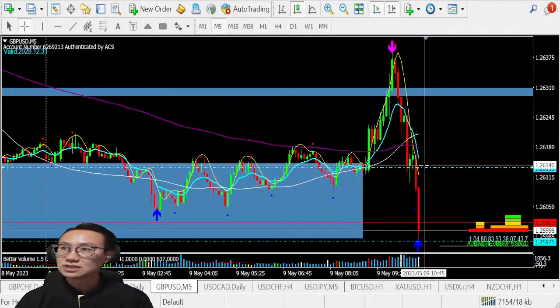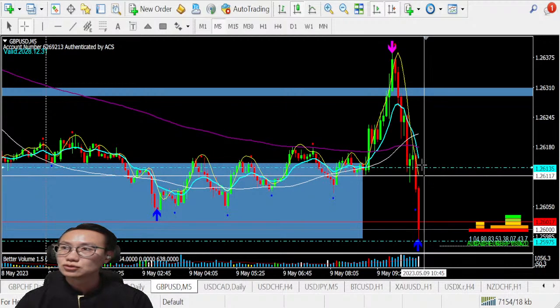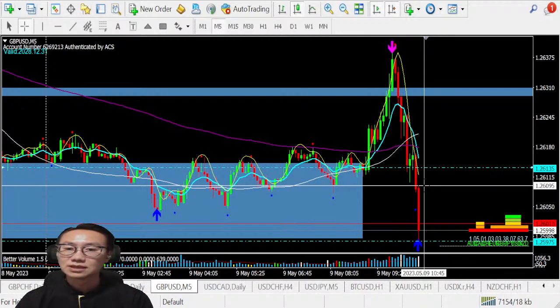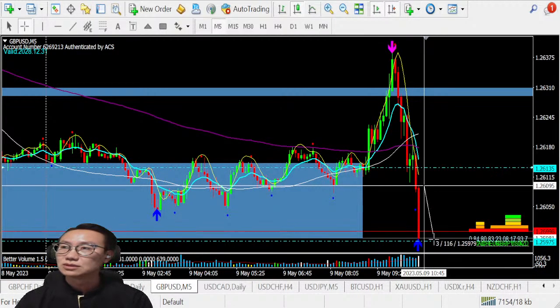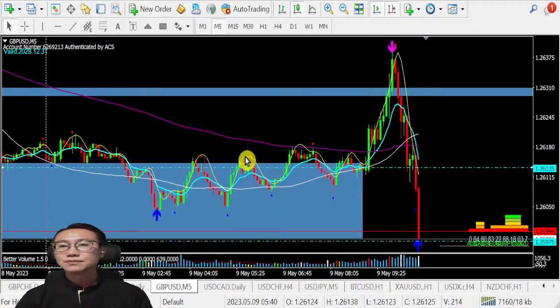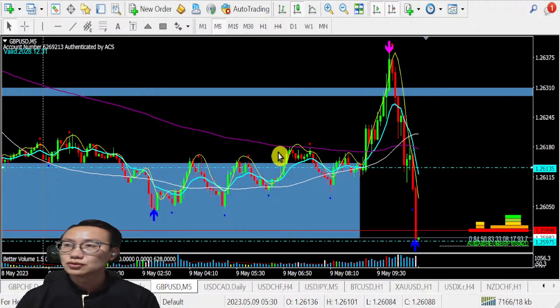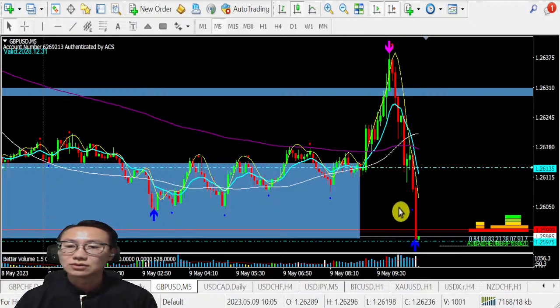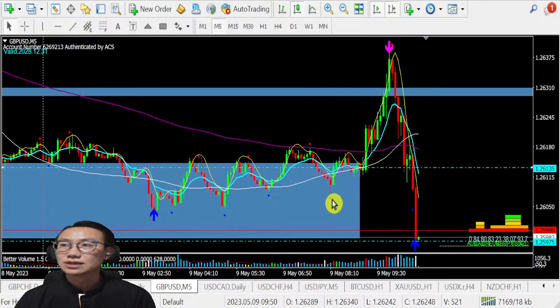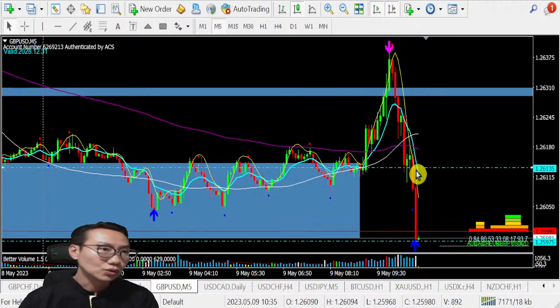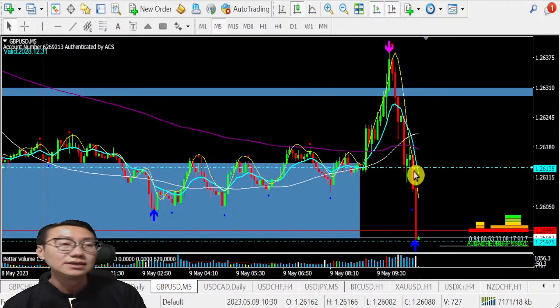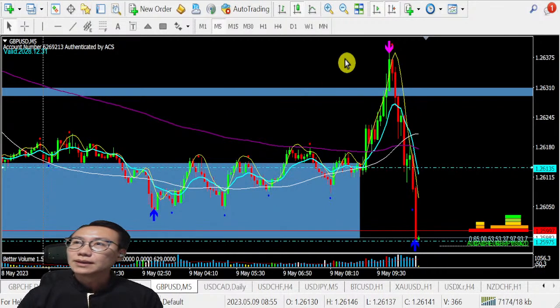Once it closed below the previous candle, for me, there will be a selling over here. So do not enter any selling now. You are chasing the low. Cannot enter now.